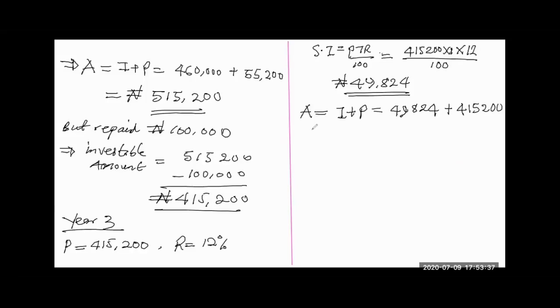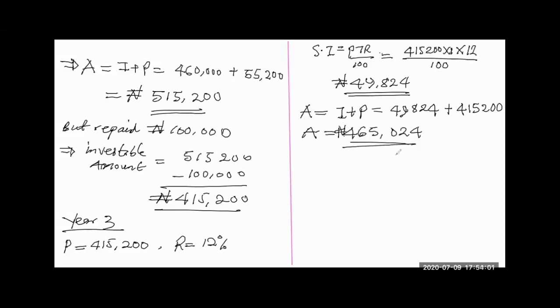And of course, when we simplify further, what do we have? Okay, that's correct. We end up having 465,024. All right, so this is what we have as the amount of the company after the third year.